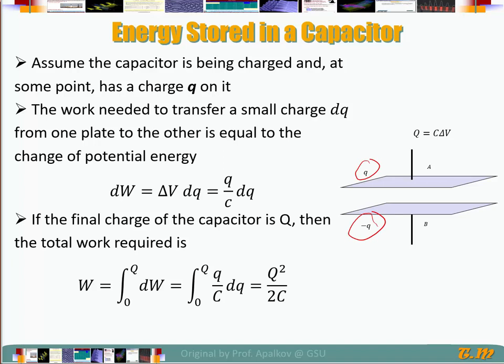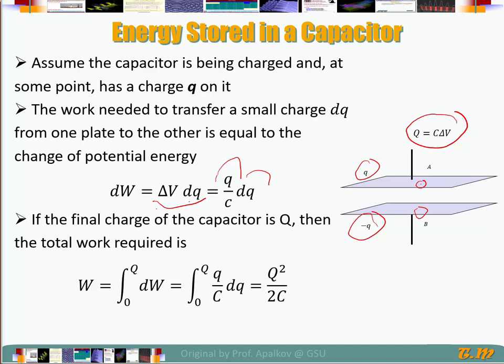So the work needed to transfer one charge from one plate to another is going to be equal to Q delta V, which is, remember, delta V related to the capacitance through this equation. So delta V is going to be equal to Q over C. And that's what we have here, Q over C, dQ.